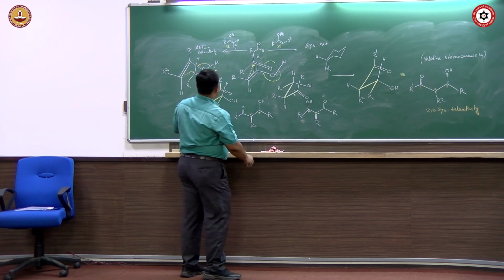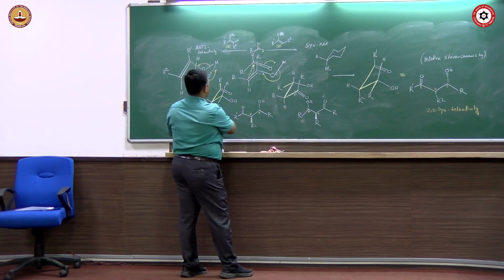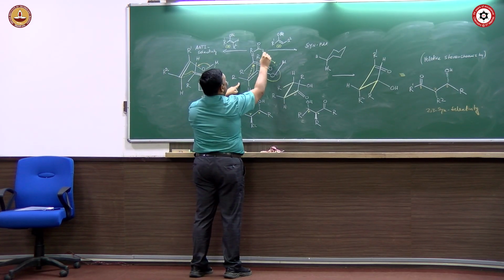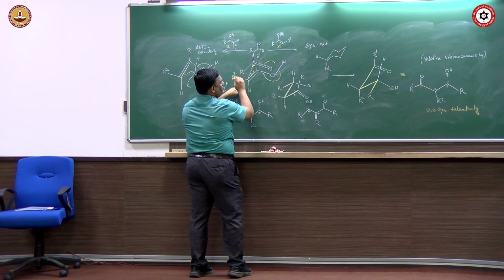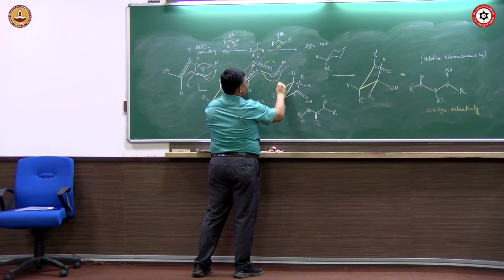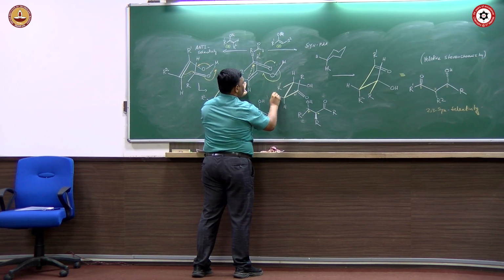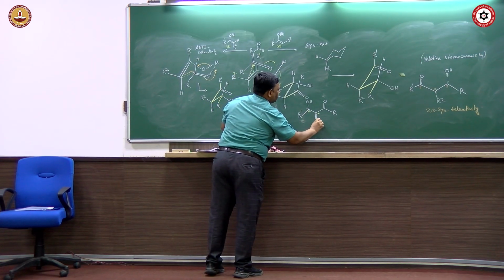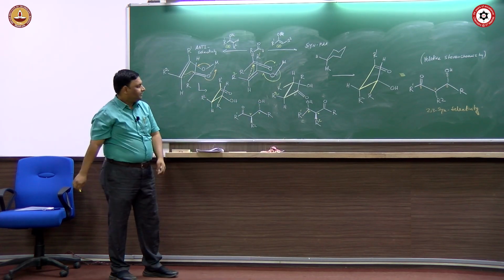R1, R2, yes, that is true. So, from where are we going? From the first step, this is the R1, R2. So that means this is the R1, this R2. R1, R2, perfect. We got that.